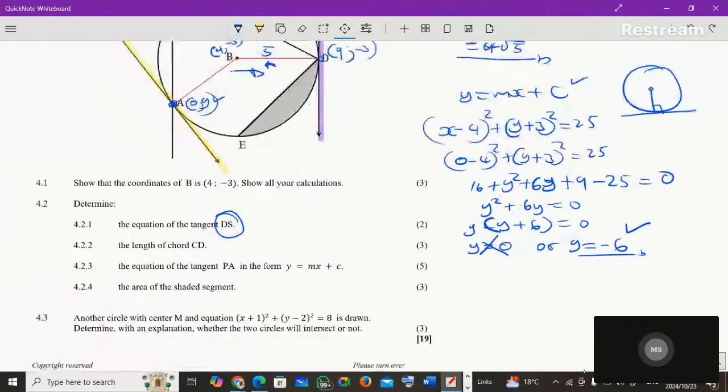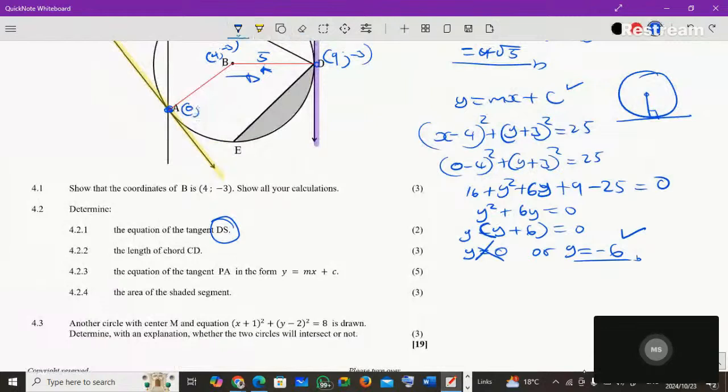Then we now have the coordinate, negative 6. Now that we have our coordinates, we can find the gradient of BA. So we look for the gradient of BA, MBA or MAB, which will be equal to YB minus YA over XB minus XA.